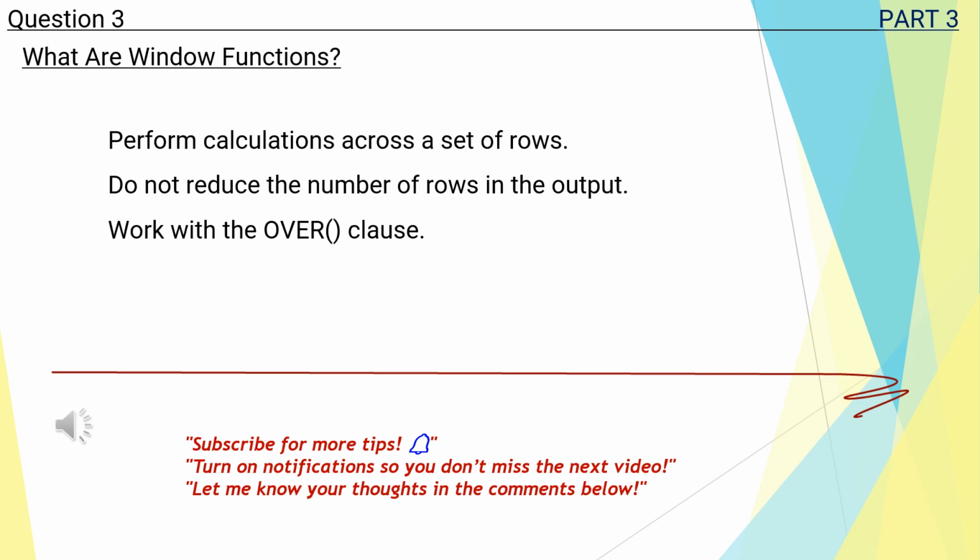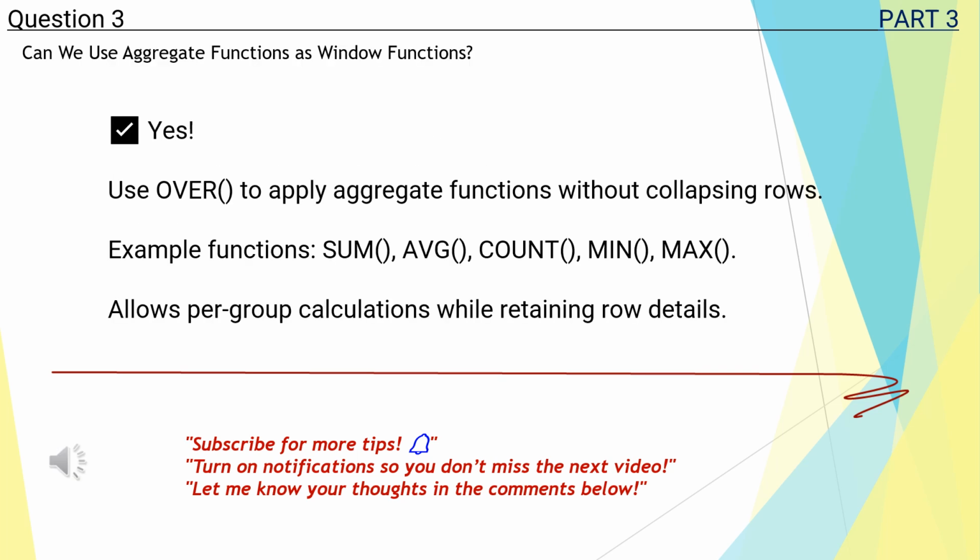A window function in SQL performs calculations across multiple rows while keeping each row's details intact. Unlike traditional aggregate functions, they don't collapse the result set. They are useful for analytics, ranking, and running totals.